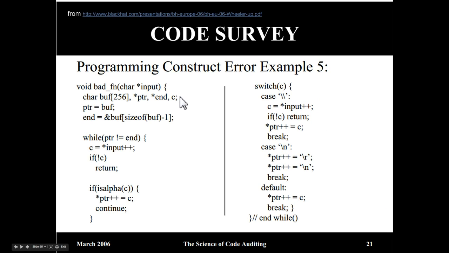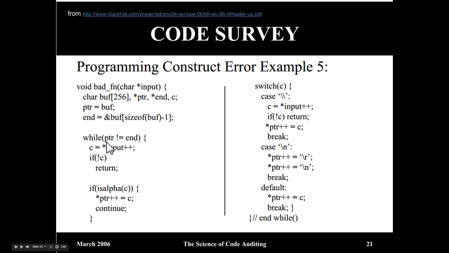So if you've identified the bug, to explain what's going on: it has declared a character pointer and there's a buffer, and it set the character pointer to the very beginning of the buffer, and it's also set a character pointer to the very end of the buffer, which is declared by the size of the buffer minus 1, and that's the very last byte of that buffer.